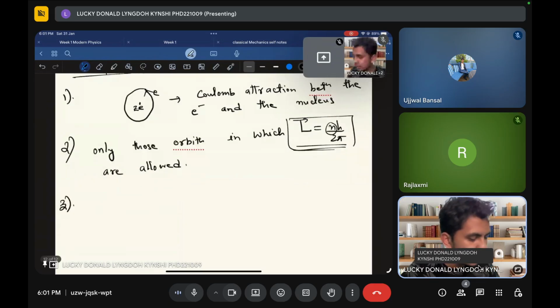Third, suppose you have an initial state of energy E_I and a final state of energy E_F.